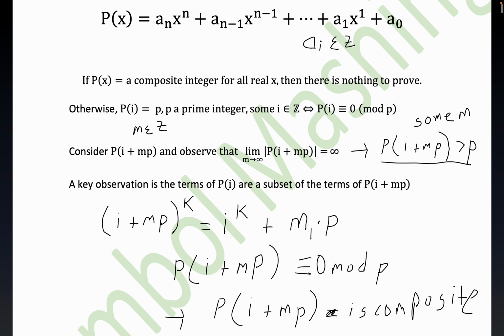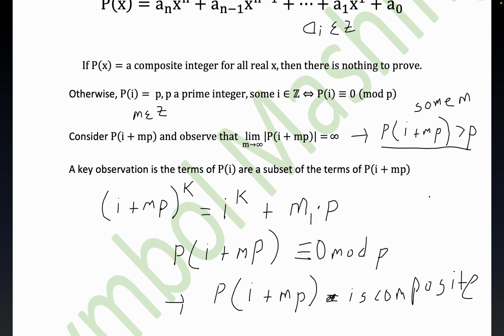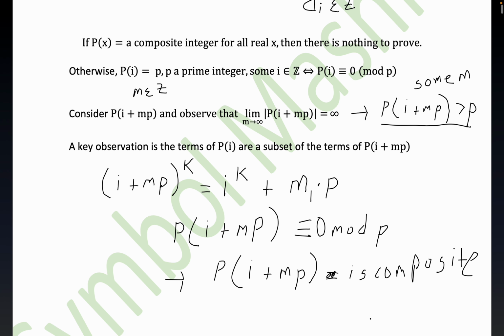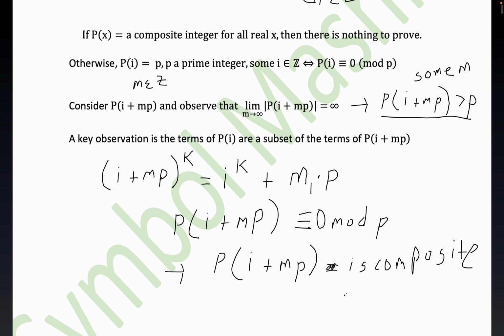All of this adds up to the fact that this is congruent to 0 mod p, and it's also larger than p, meaning that p is a proper divisor of this object. This truth coupled with this truth means that p evaluated at I plus mp has to be composite. So shall we confidently or timidly call this a QED moment?